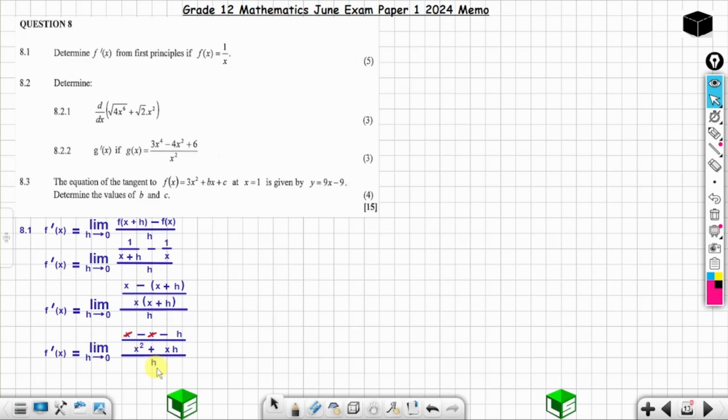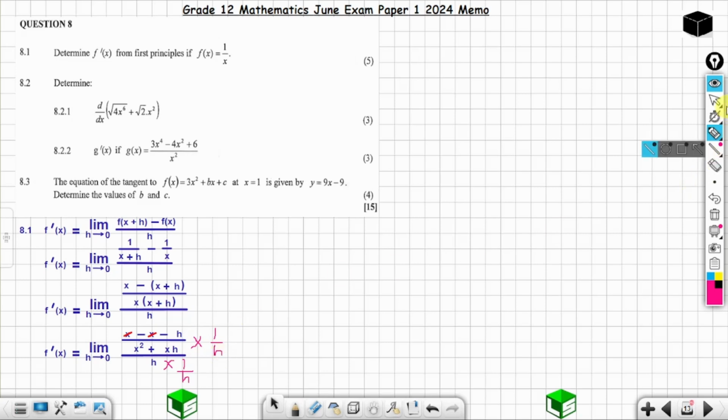You can get rid of the h in the denominator. You can do this. Let me show you. You can multiply by 1 over h in the denominator so that you can cancel. What you do in the denominator, you also do it in the numerator.